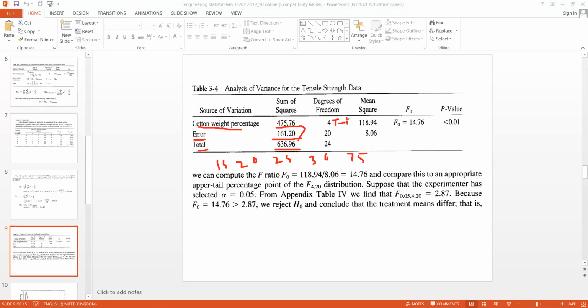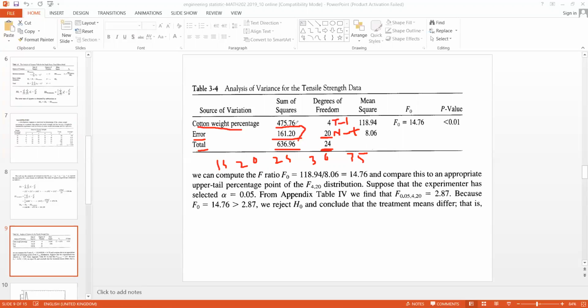So 5 minus 1 will give you 4. Then here you have N minus T, and the total number of observations was 25. So 25 minus your treatment, which is 5, will give you 20. Then for the total, you have N minus 1, so 25 minus 1 will give us 24.